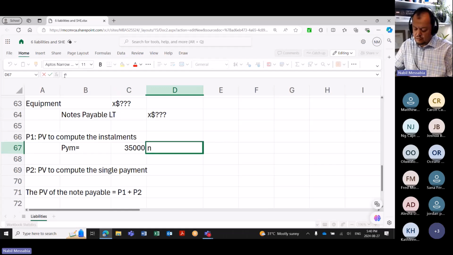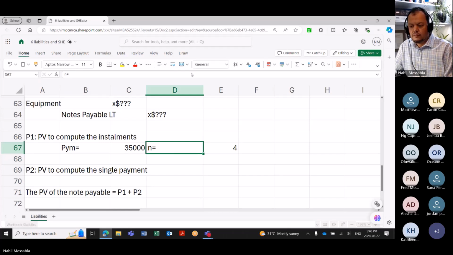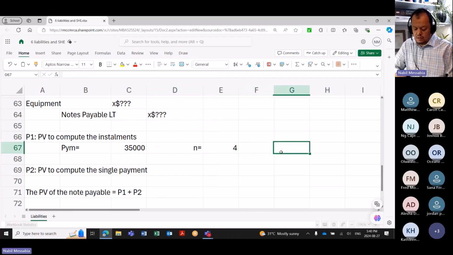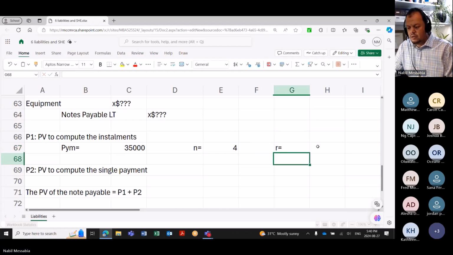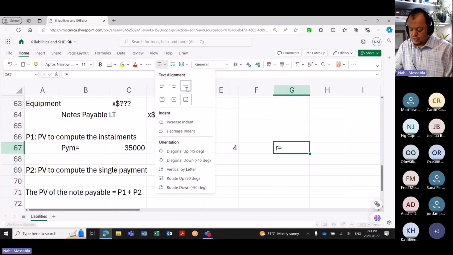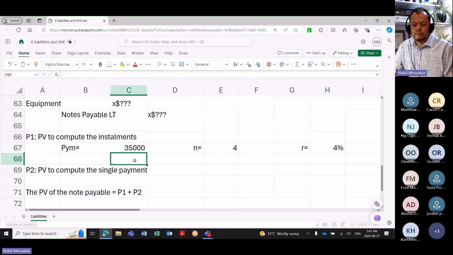N equal to 4 for payment, and the rate, R, equal to the discount rate. Some will call it I also. Where is it? 4%. And I calculate the PV.